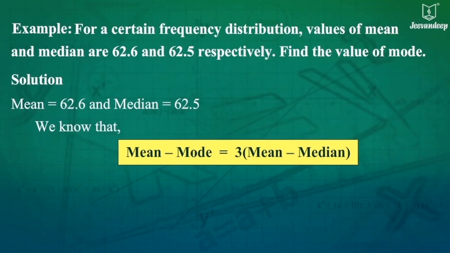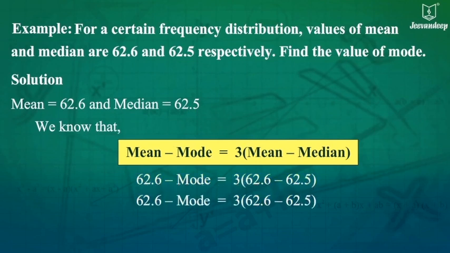Putting the values of mean and median in the formula, we get 62.6 minus mode equals 3 multiplied by (62.6 minus 62.5), or 62.6 minus mode equals 3 multiplied by 0.1, or 62.6 minus mode equals 0.3.